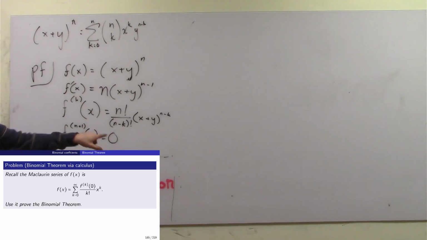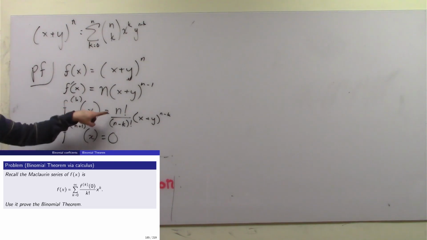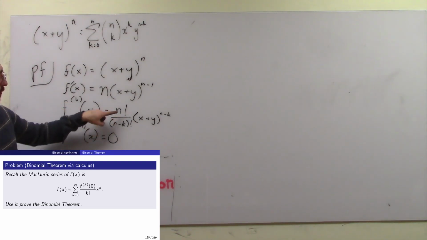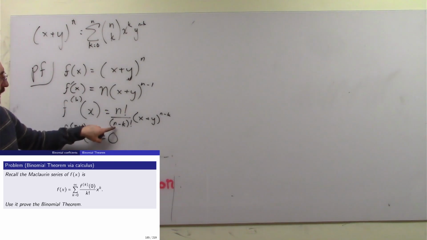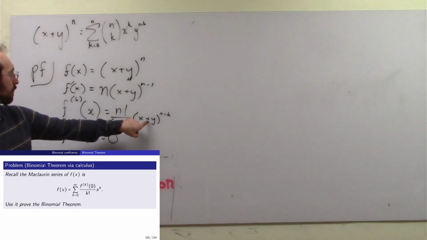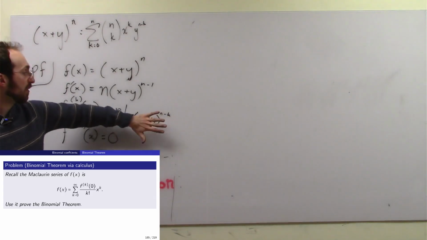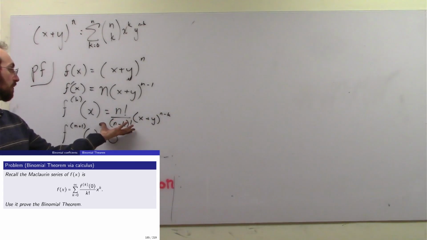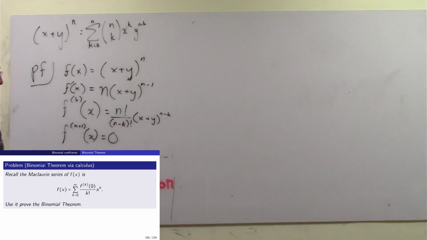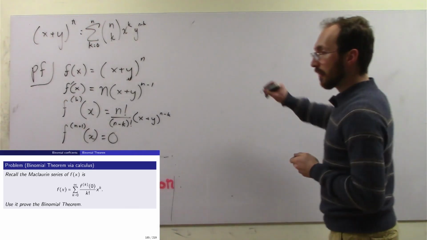Once we plug n into this expression, we have n factorial divided by n factorial times (x plus y) raised to the 0, or 1. This just turns into a constant. The derivative of a constant is 0, so there's only going to actually be n terms in our Maclaurin series.